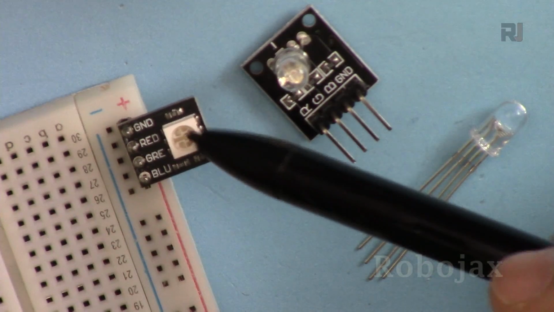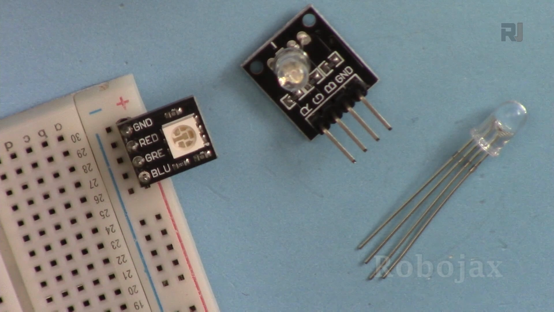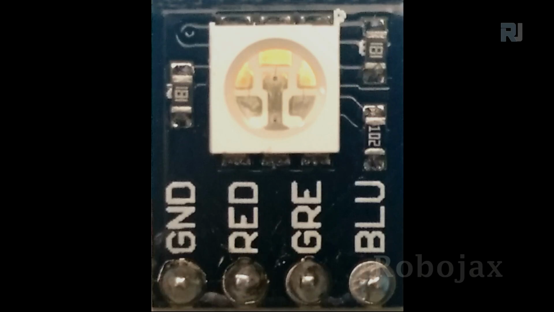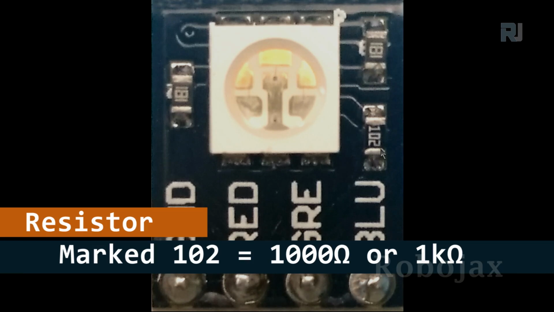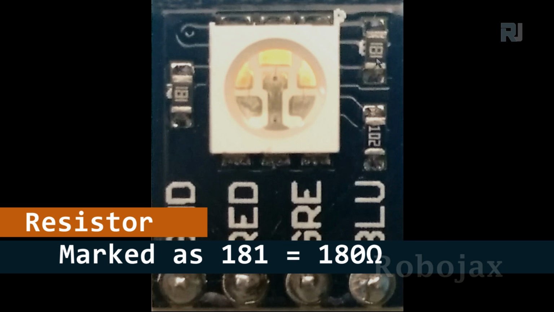And for this module, as you can see, I've taken the picture here, and the 3 resistors that are here: this is 102, which is 1000 ohm, the 2 means 2 zeros; this is 181, where 1 means 10, so this is 180 ohm, and this is 180 ohm. They included the resistors for you.